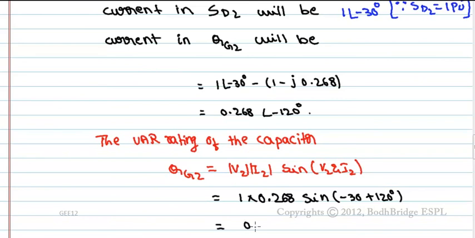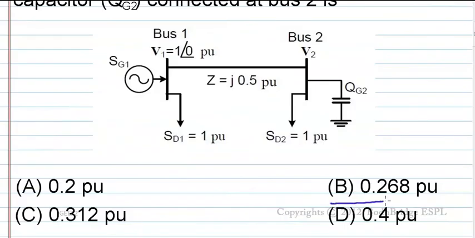This equals 0.268 sin 90. This equals 0.268. So the answer is option B, 0.268 per unit.